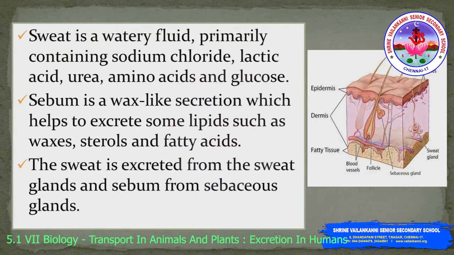The sweat is a watery fluid primarily containing sodium chloride, lactic acid, urea, amino acids and glucose. Whereas the sebum is a wax-like secretion which helps to excrete some lipids such as waxes, sterols and fatty acids. The sweat is excreted from the sweat glands and the sebum is excreted from the sebaceous glands. The sweat glands and the sebaceous glands are given in the picture.